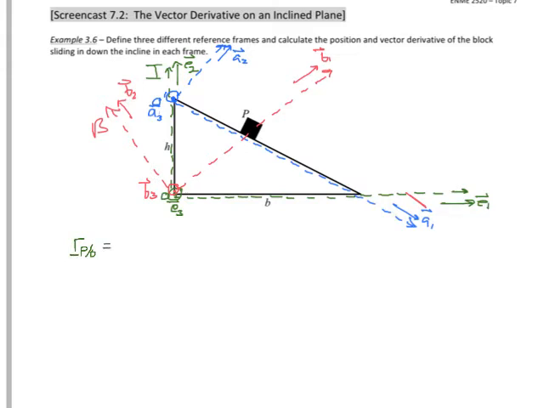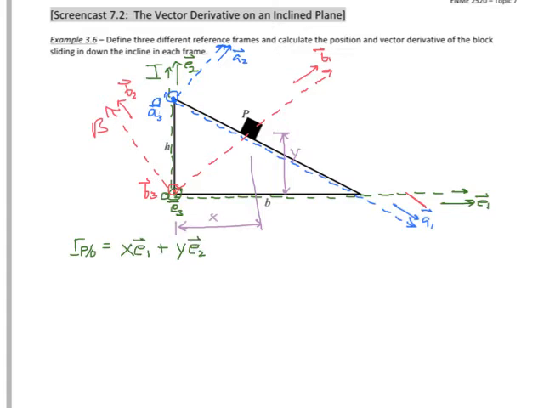We've put lots of different reference frames on here. And so let's start with a Cartesian coordinate system. With the coordinates x and y, we're able to define the position vector as x in the e1 direction plus y in the e2 direction.